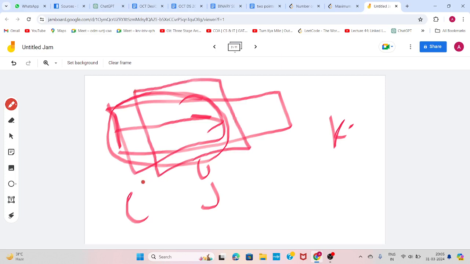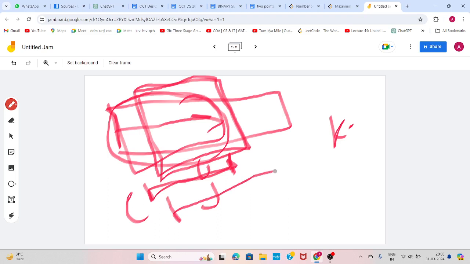If we start calculating the sum again from here, it will take time. So we just remove this part, because we need this to this, and we add the new part.